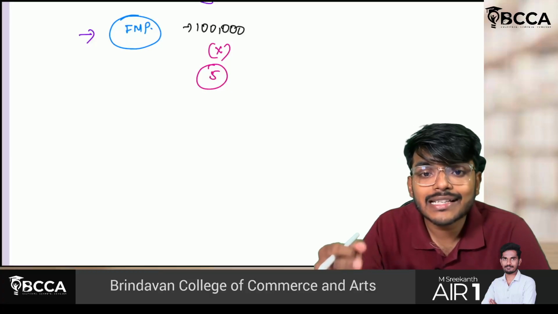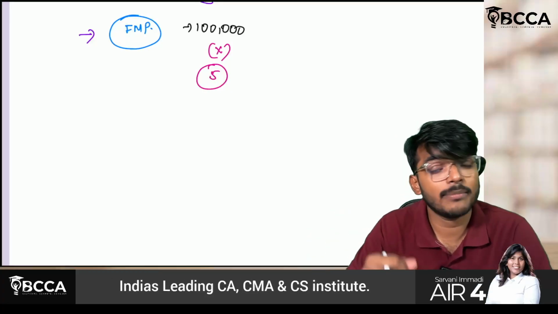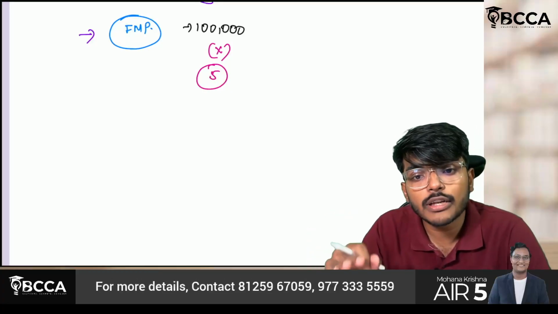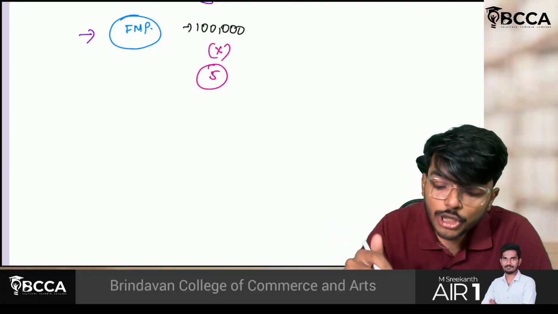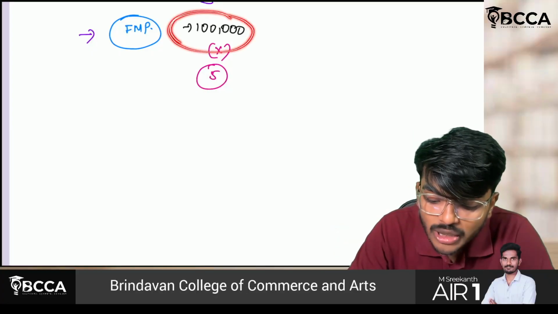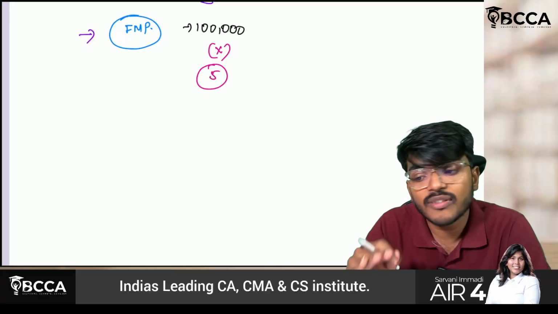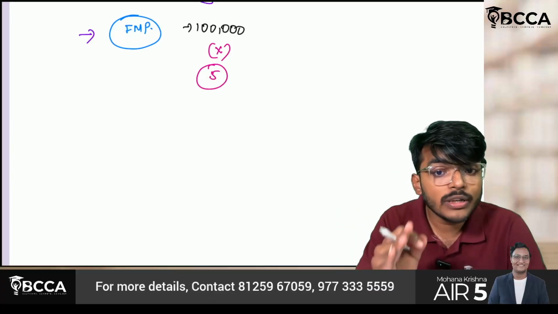Sir, what exactly does number of years of purchase mean? Arey Baba, I am saying number of times. You are estimating that you will be generating this 1 lakh rupees for the next 5 years only because of goodwill.